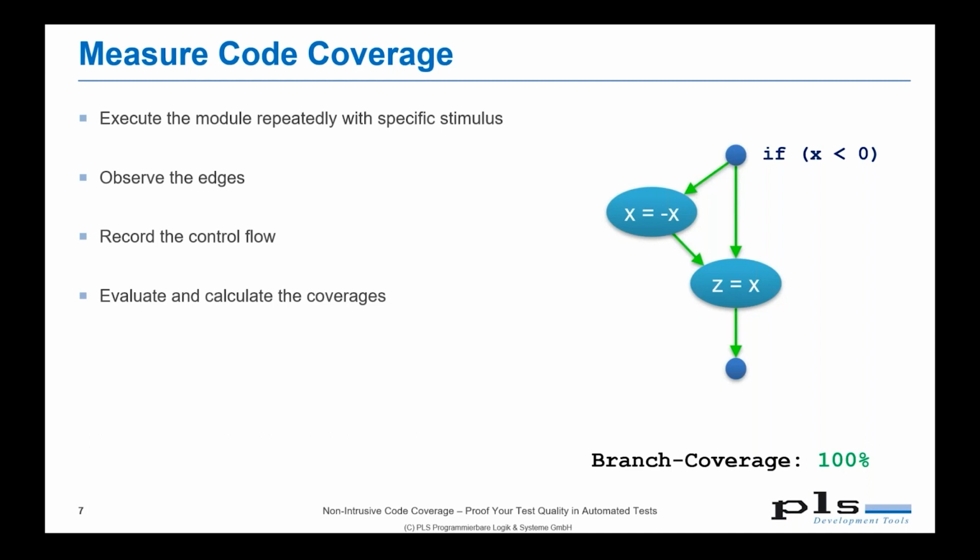We observed the instruction flow in this control flow graph, so which edges of this control flow graph were executed, and then we calculated from these edge countings the coverage results. In the first example, the statement coverage, in the second test case, the branch coverage.